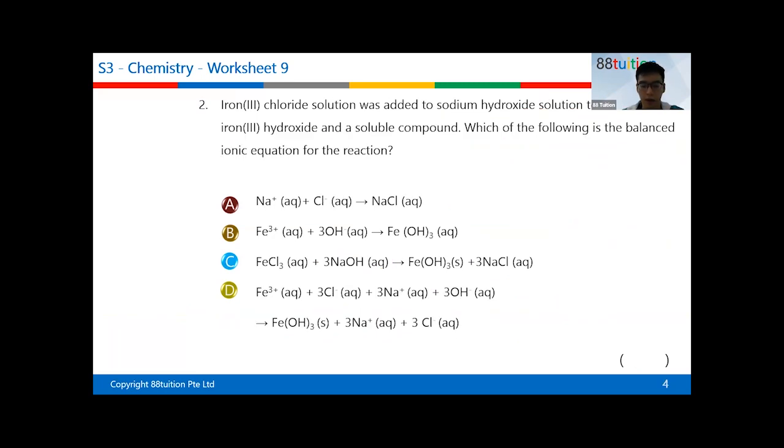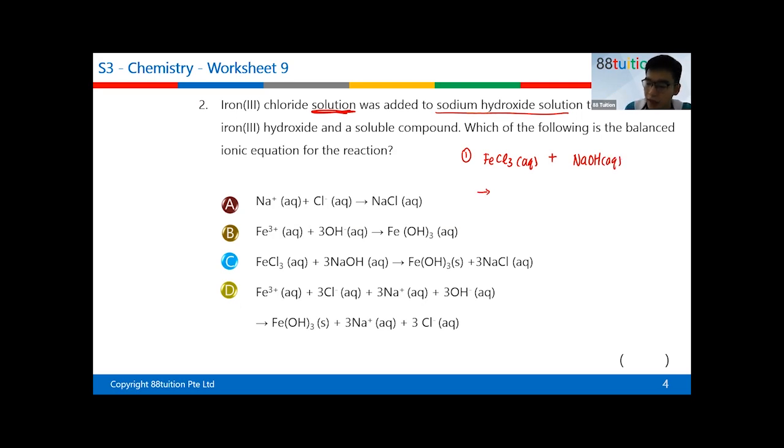We have another one here, which is iron(III) chloride added to sodium hydroxide. I'm just going to do it relatively quickly. Iron(III) chloride is FeCl3. Solution tells me this is in aq state. Added to sodium hydroxide solution, which is NaOH. Solution also means it's aq state.